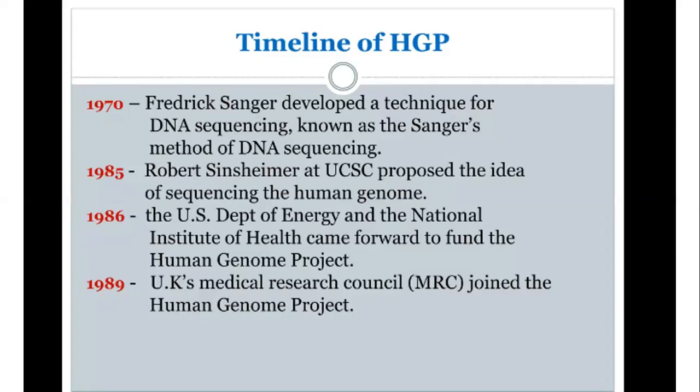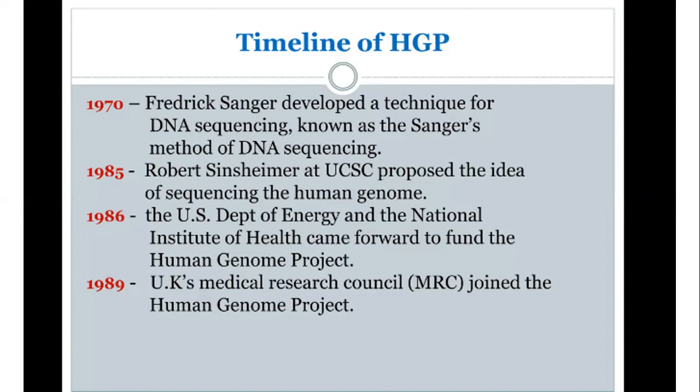DNA sequencing means we want to know the nitrogenous base sequence of a particular gene. And he performed the DNA sequencing through a method called the Sanger method, named after the scientist.